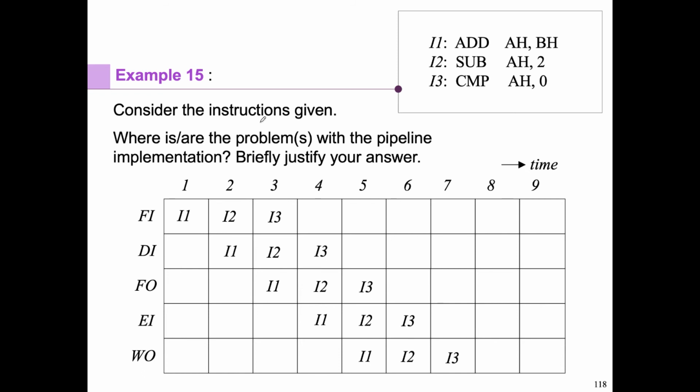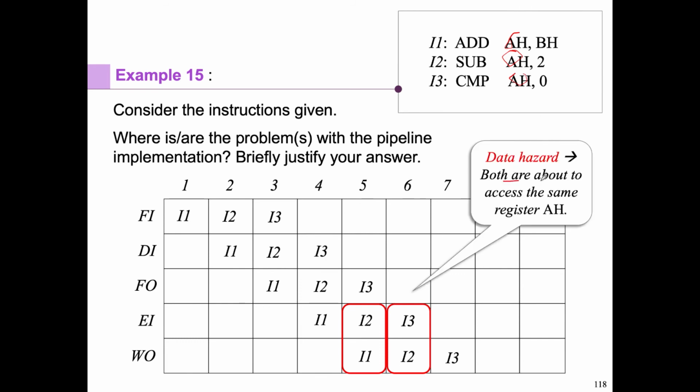Now, example 15. Consider the instructions given. Where is or are the problems with the pipeline implementation? Briefly justify your answer. So you need to find out. You can see all of them are using a register to store and also using it as a stack. So this is the normal actual performance. And when you have a problem, you need to find out what is wrong. So over here it is between these two steps.